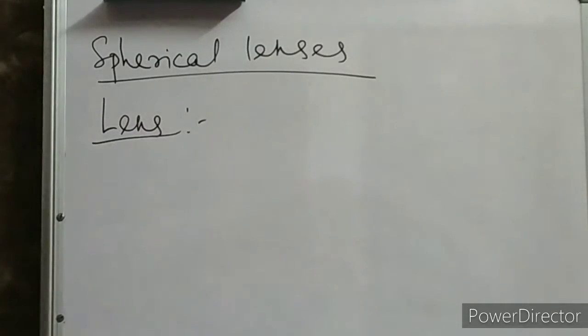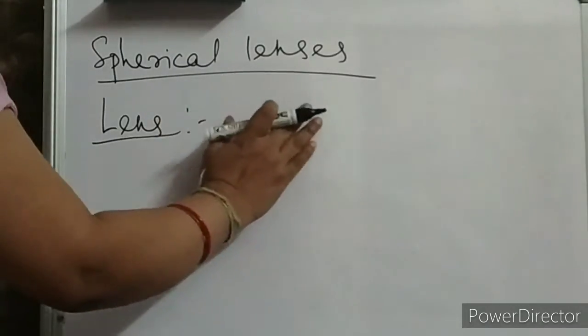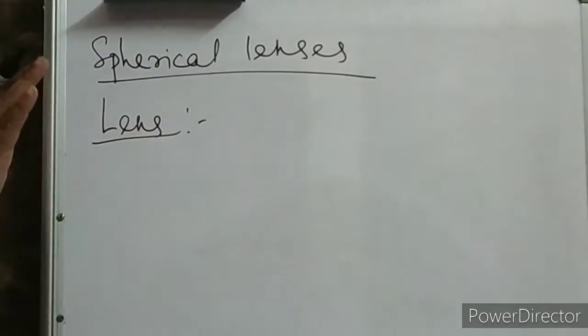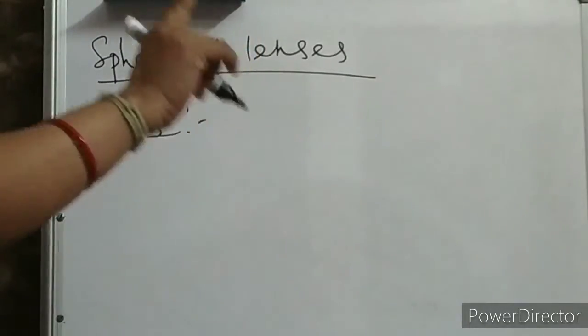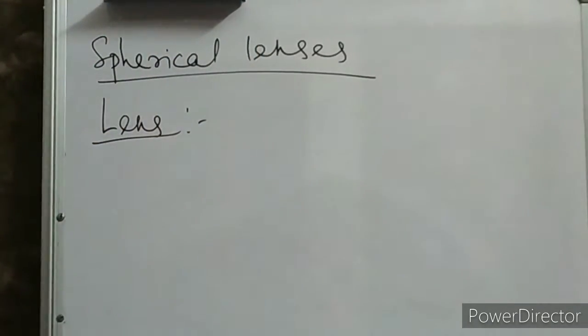It is nothing but a transparent refracting material, usually made up of glass. But it has got minimum one curved surface. A lens is a transparent refracting material having minimum one curved surface.